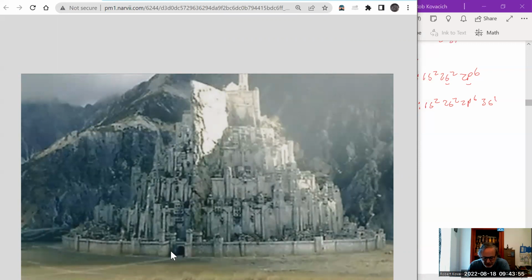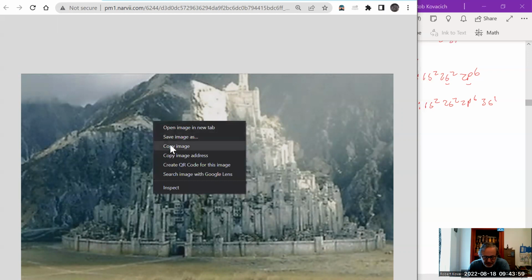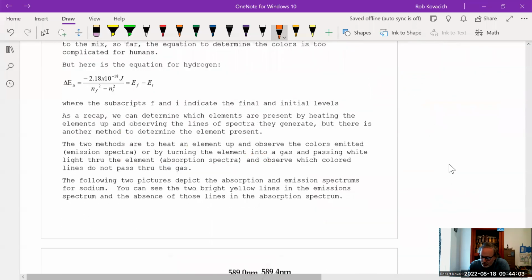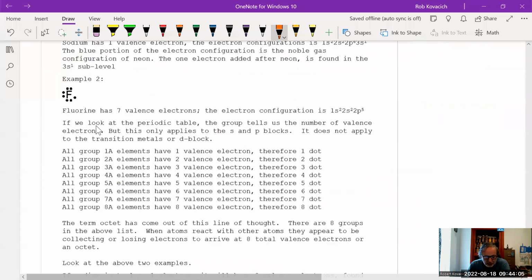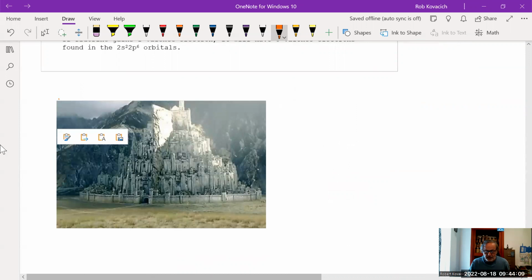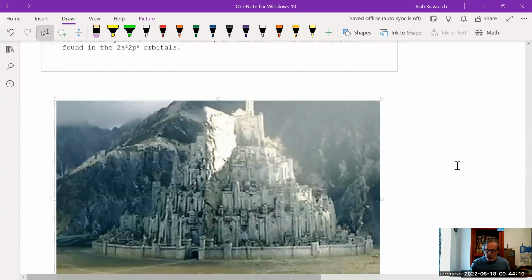So let's say that this wall wasn't finished yet. So let me copy this image, go over here, go to the bottom. I wonder if it'll let me drop it in here. Control V, yay. Okay, make it a little bigger.